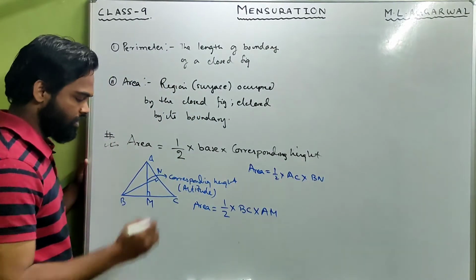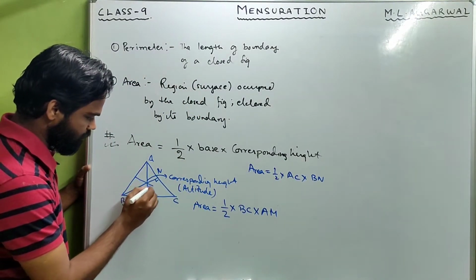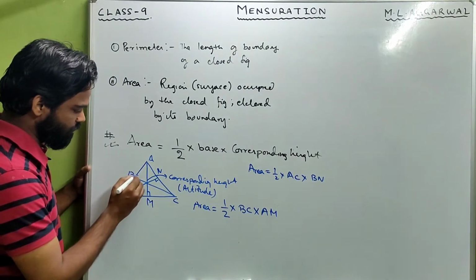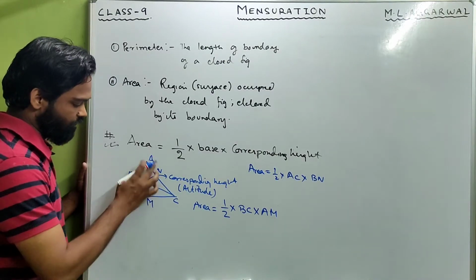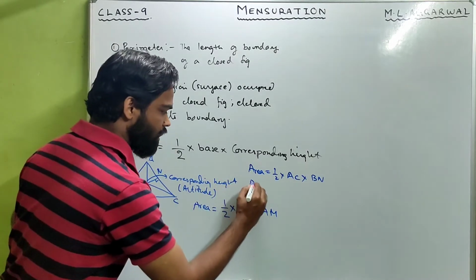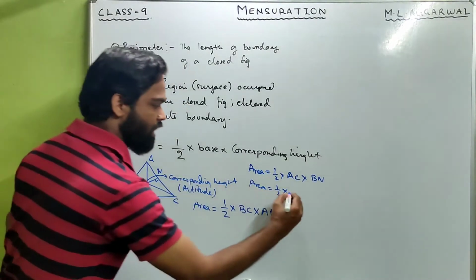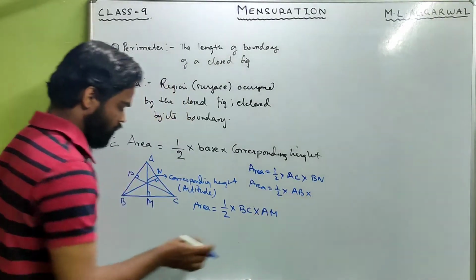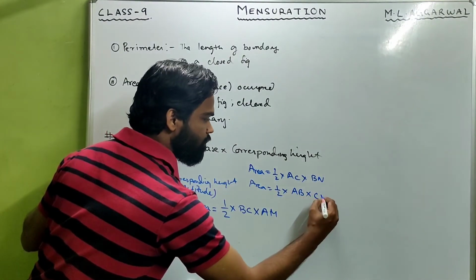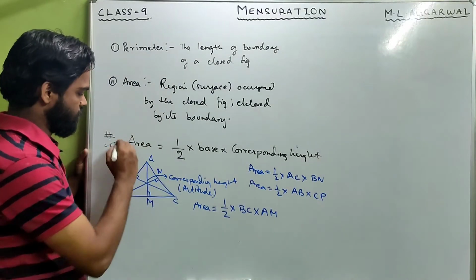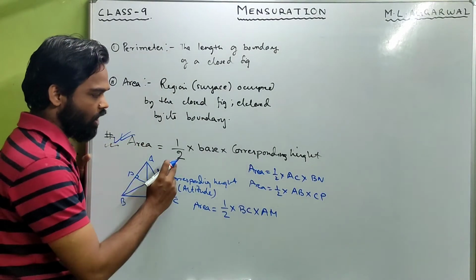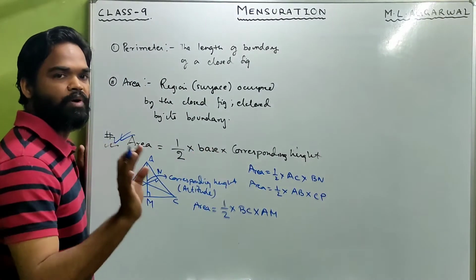Similarly, if CP is the corresponding height for AB, then area is half into base AB multiplied by corresponding height CP. So for any triangle, area is equal to half into base into corresponding height.